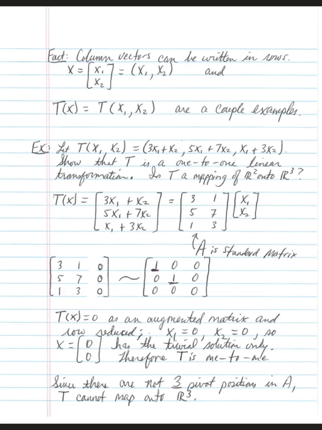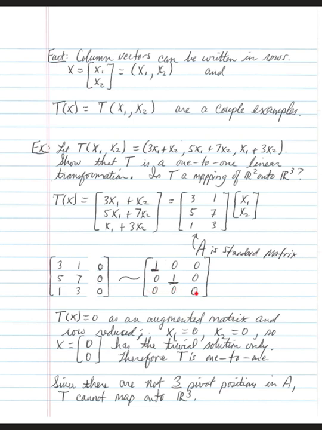So you can look at it in 2 ways. The trivial solution tells us that the transformation is 1 to 1. A pivot in each column of A, there was only 2 columns. A pivot in each column also tells us that T is a 1 to 1 linear transformation.